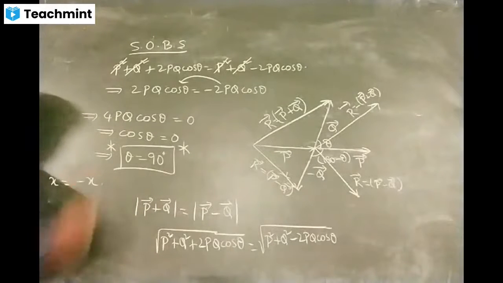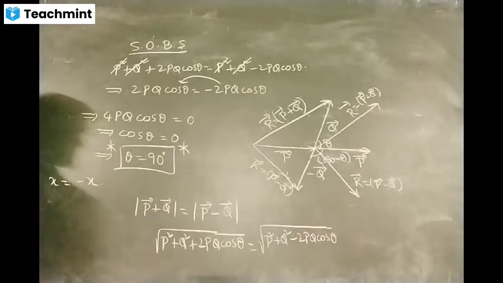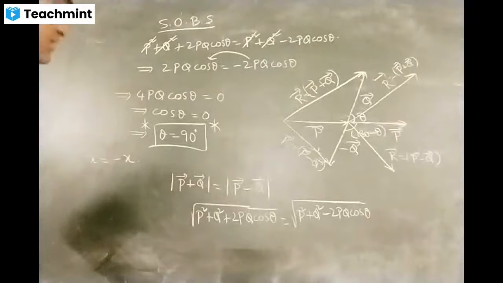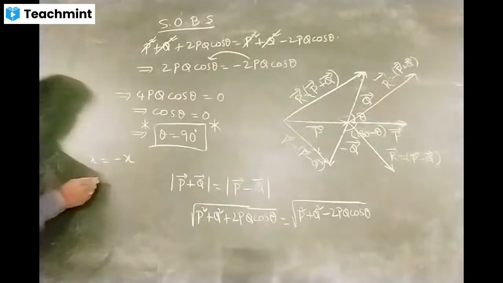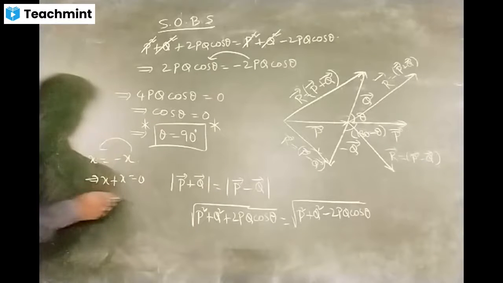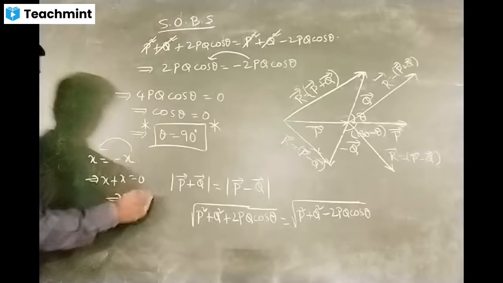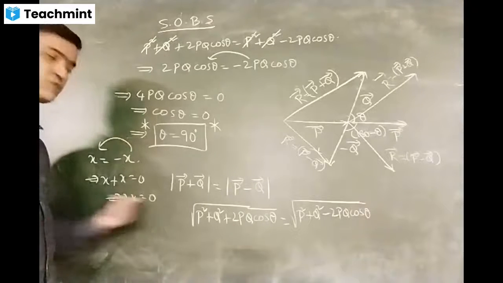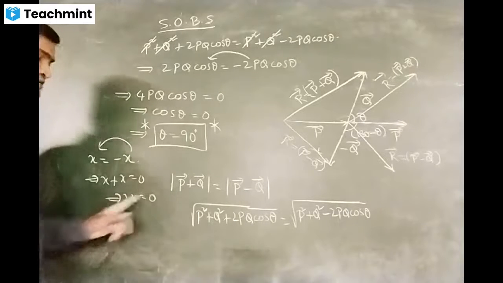x. Of course you can cancel x plus x. In mathematics, write x plus x is equal to 0, which comes out to be 2x is equal to 0. Why are we taking x is equal to 0? Because 2 cannot be equal to 0. 2 can never be equal to 0.